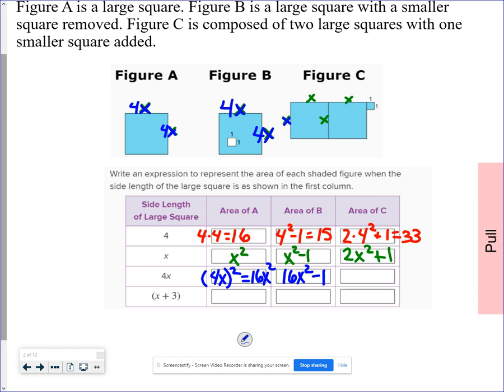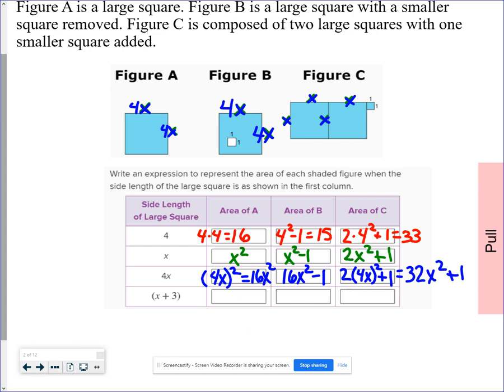I have 2 of those 4x things that are both squared, and I'm adding 1 on. We know that the 4x quantity squared is really 16x squared. Times 2 is going to give me 32x squared plus that 1.